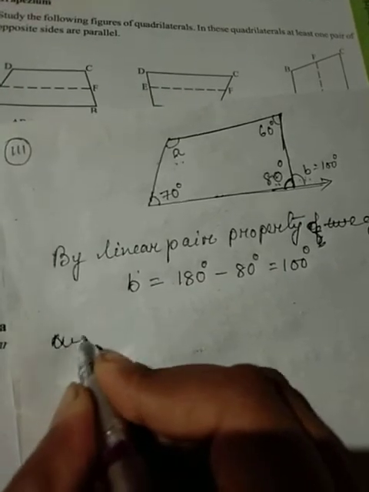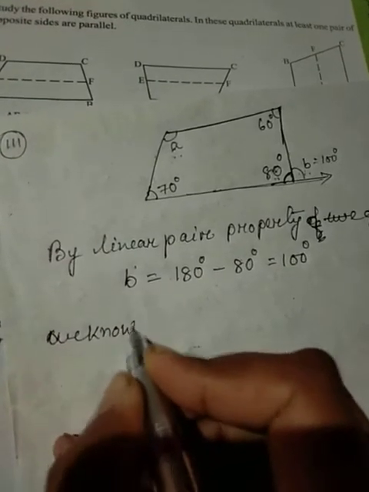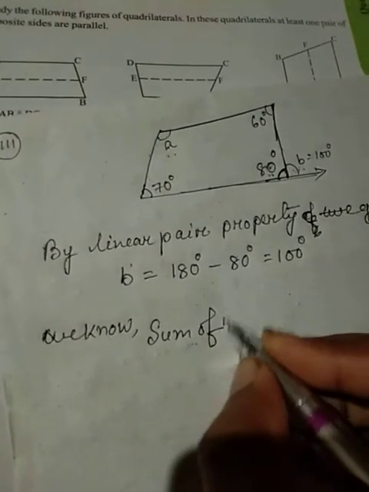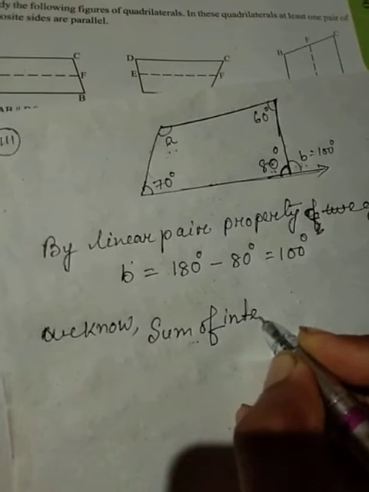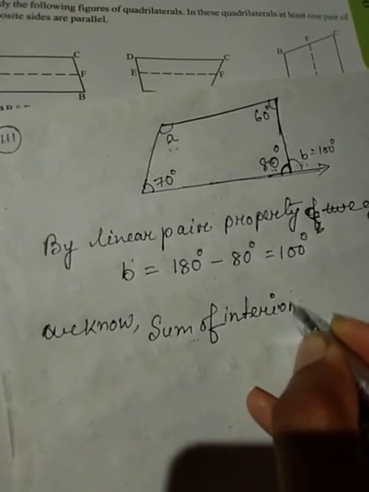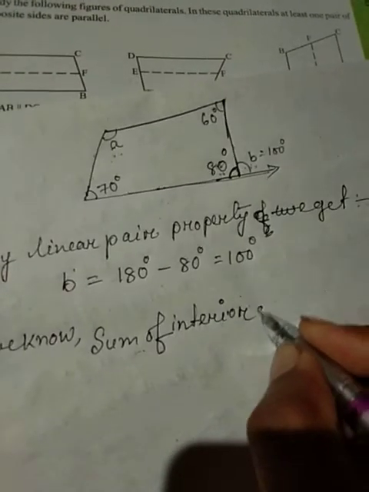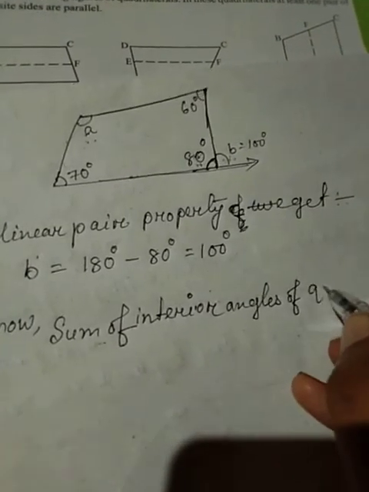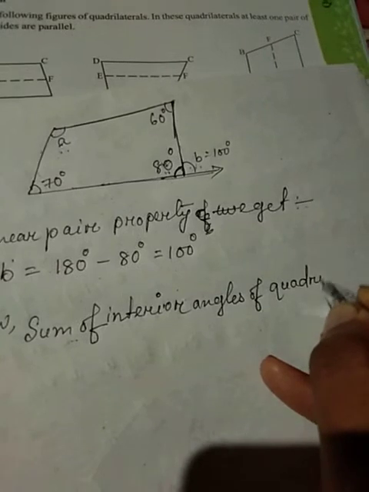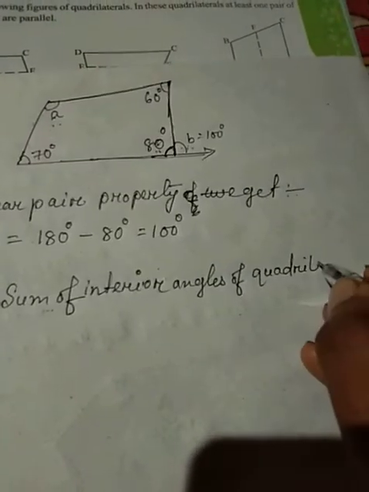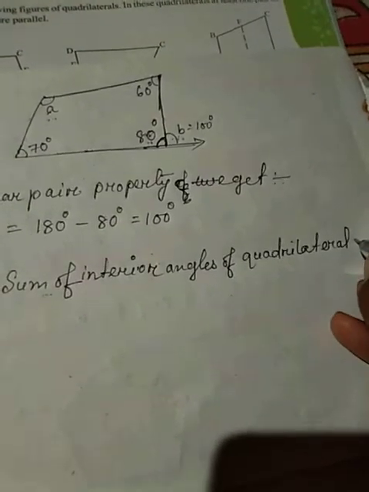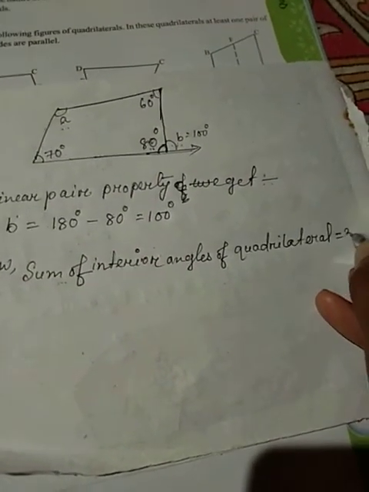Now we know the sum of the angles of a quadrilateral is equal to 360.